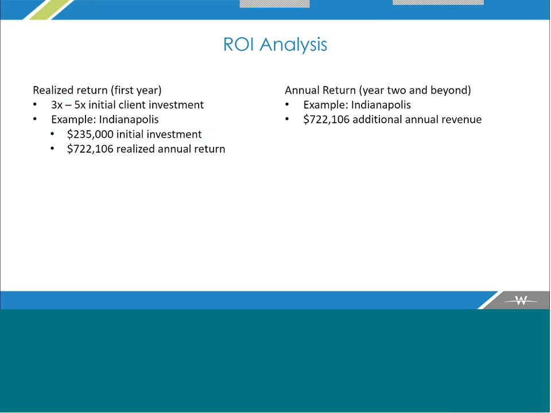And that's obviously just the first year, when they would contract with us to do that work. In years two and beyond, they're going to see that $722,000 every year from then on out. So obviously, a small percentage as you saw earlier, but a pretty good increase in what they're receiving on a yearly basis, which more than justified the cost of going out and having it done in the first place.